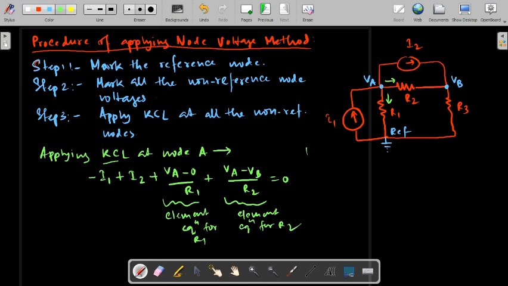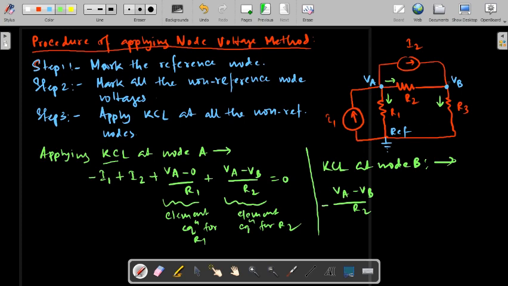Once we apply KCL at node B, we again have to give the direction of current for the branch for which the direction is not mentioned. So I am arbitrarily giving this direction of current. At this node B, if I apply KCL, the current going into the node, VA minus VB by R2, I consider as minus.